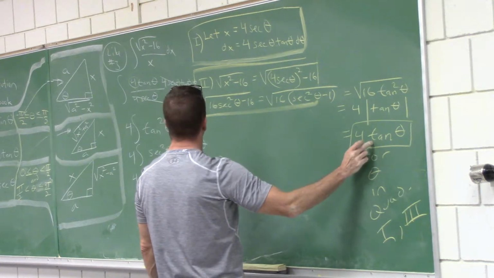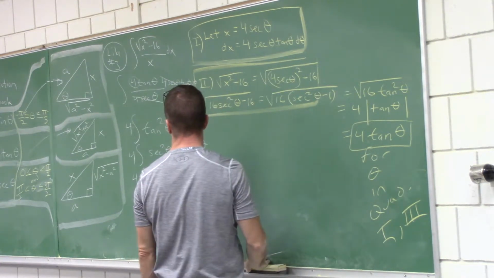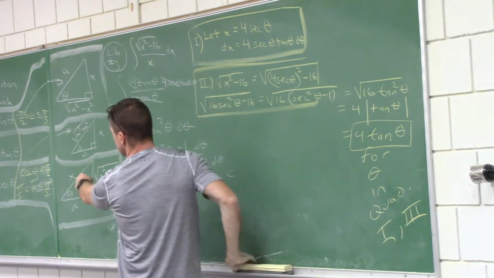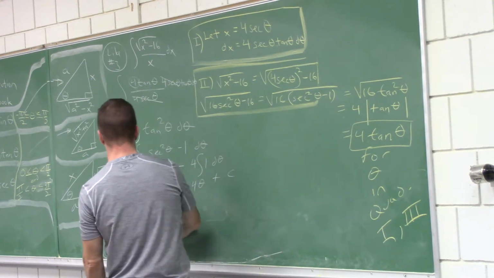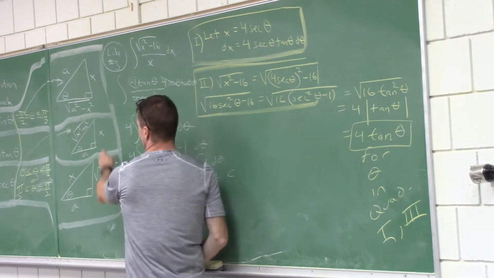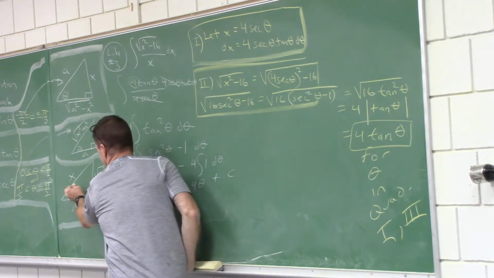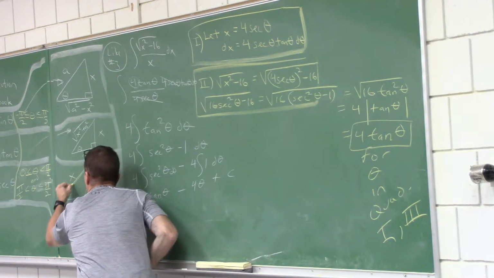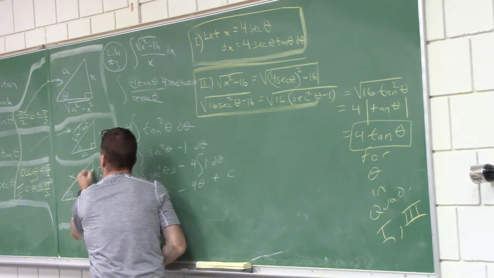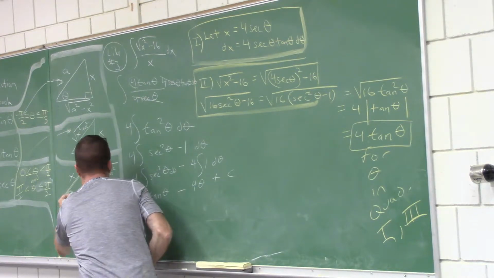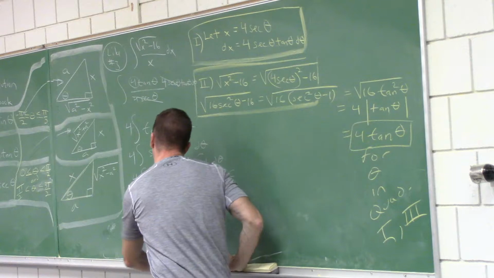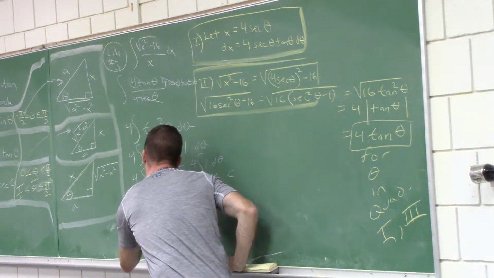So far, so good? Tangent theta is the square root of x squared minus 16 over 4. Which triangle am I looking at? It's this triangle, when you rewrite it or highlight it. What is tangent theta? Square root of x squared minus a squared over a.